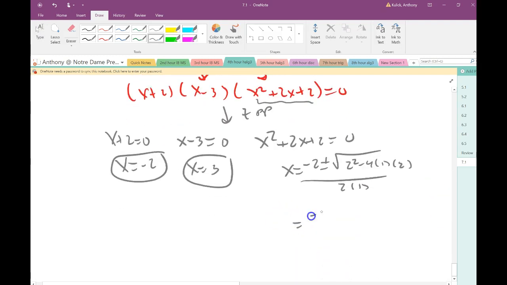So when I do that, I get negative 2 plus or minus 4 minus 8 is negative 4. The square root of negative 4 is plus or minus 2i. If I reduce that, that's negative 1 plus or minus 1i. Aha! That's why I couldn't see any more roots on my graph, is because they were imaginary.